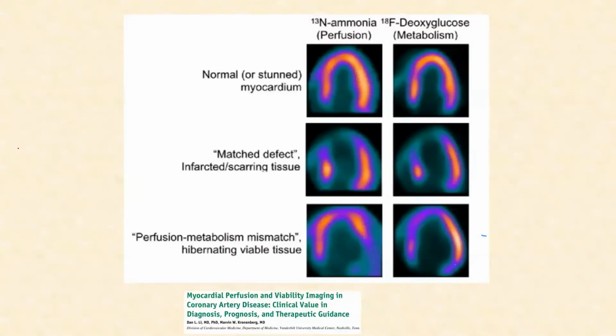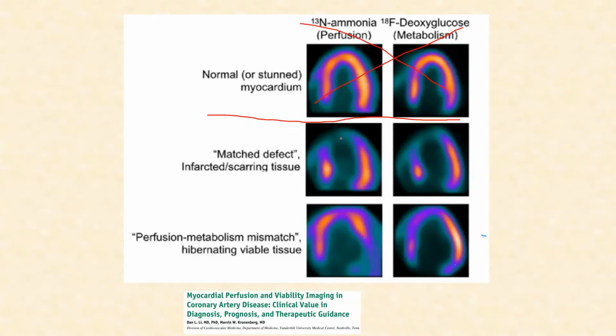Now look here. Look here. This is PET scan, perfusion metabolism. We have a perfusion defect involving the apex and septum, right?